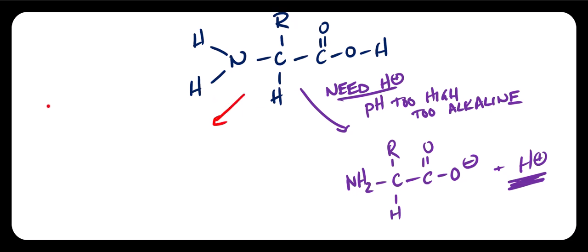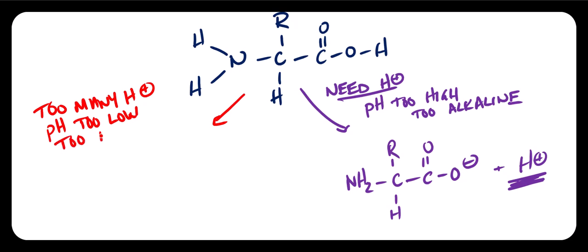I have too many hydrogen ions. Or another way of saying it, my pH is too low. Or I'm too acidic. What can I do? My carbon, my R group, my hydrogen, nothing changed there.